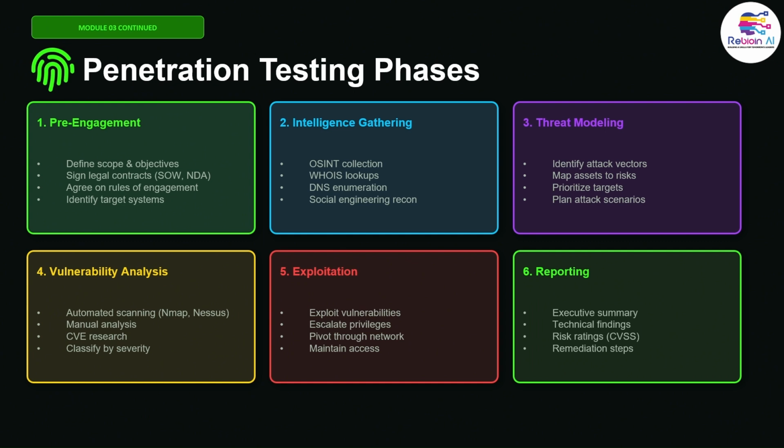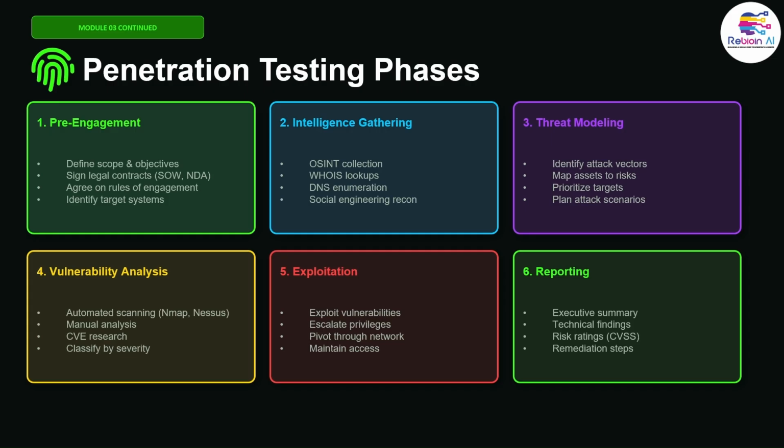Phase 6 is the reporting phase. This is arguably the most important phase for a professional. You write a detailed report, an executive summary for management, and a technical section for the IT team. Every finding gets a risk rating, and crucially, you give remediation steps, not just here's the problem, but here's how to fix it.